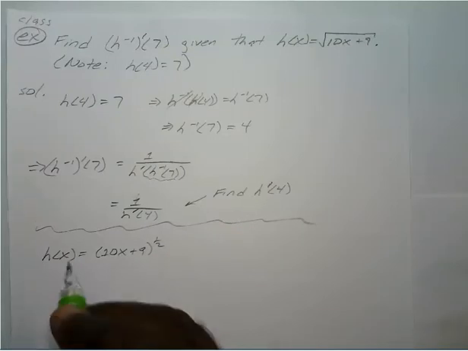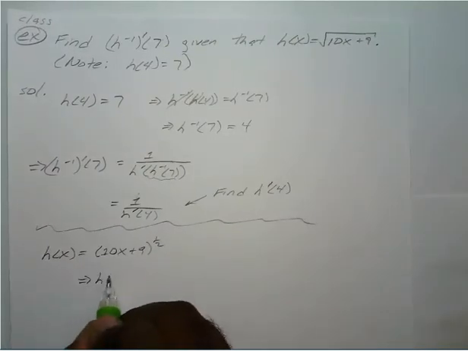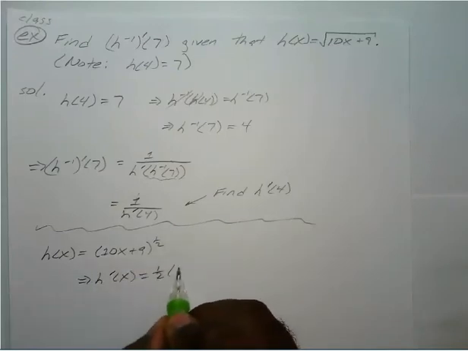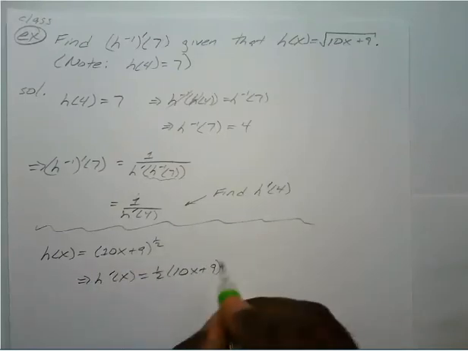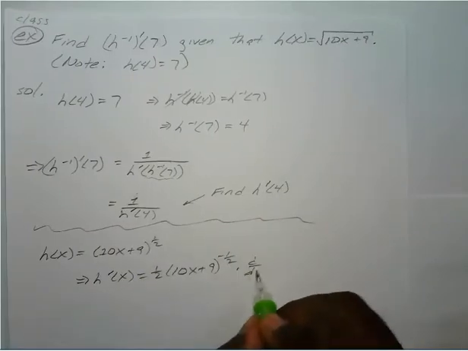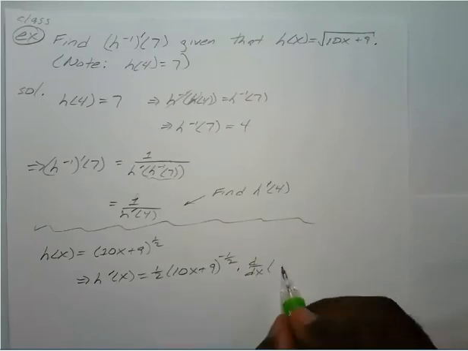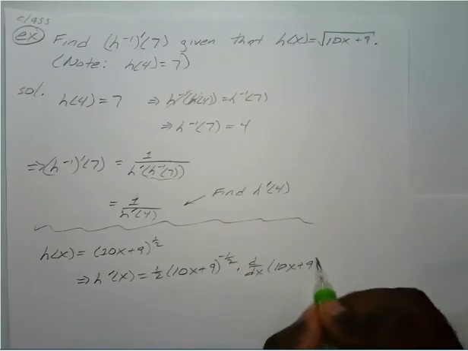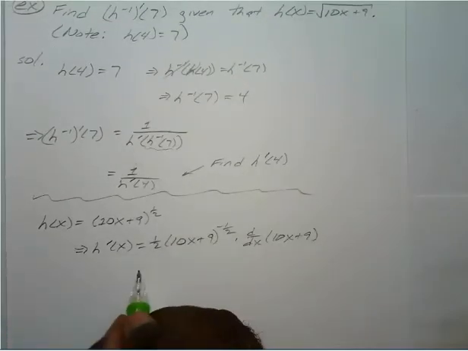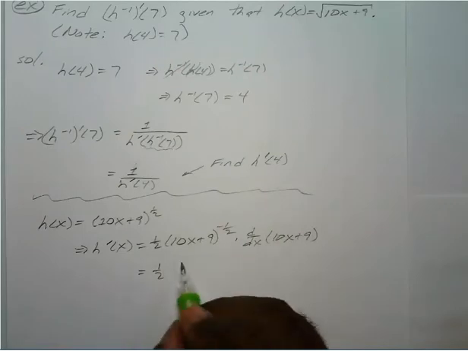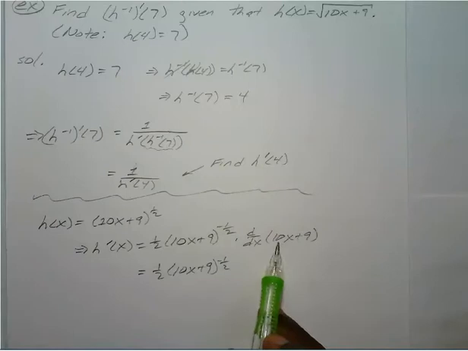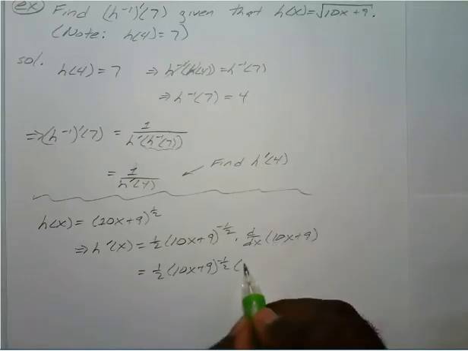So if we find the derivative, that's going to equal, bring down the 1/2, 1/2 times 10x plus 9, subtract 1 from that exponent, is negative 1/2, times the derivative of what's inside. Okay, so that's going to equal 1/2 times 10x plus 9 to the negative 1/2 times the derivative of 10x plus 9, which is just 10.